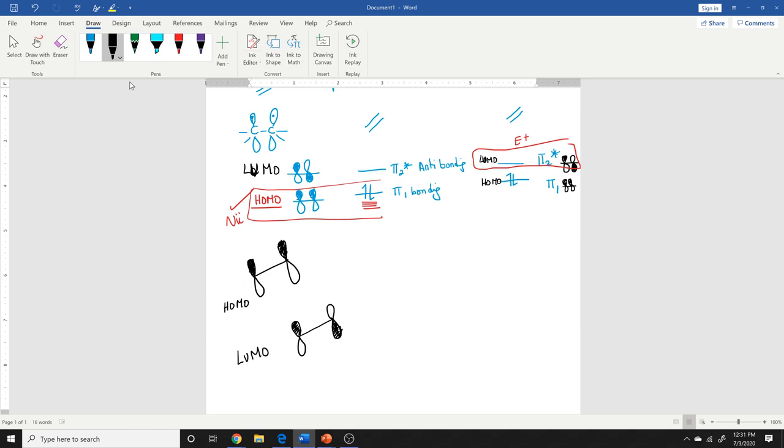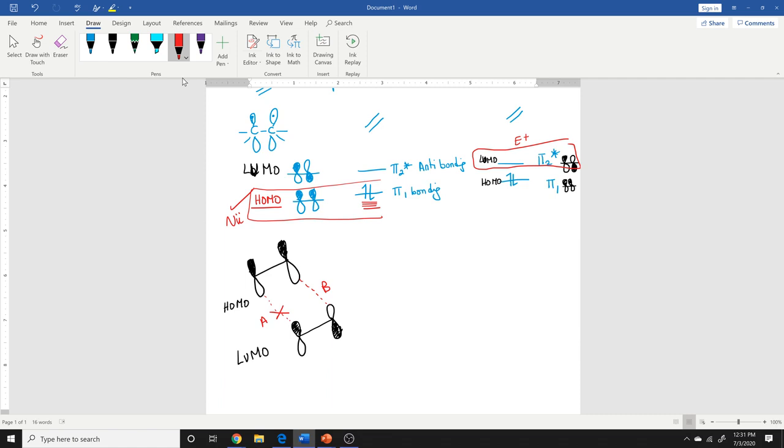This is the lowest unoccupied molecular orbital, and now I want to check if there's a bonding state in there between the lobes. So between those two over here, yes, there is a bonding state. In between those two lobes, no, there is no bonding state. There is an anti-bonding state. So you write it like this, and you write it as an anti-bonding state.